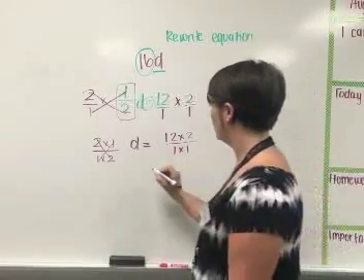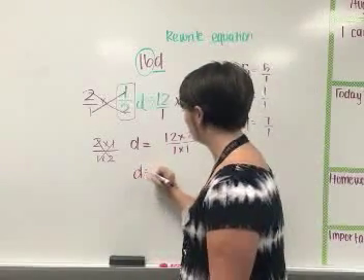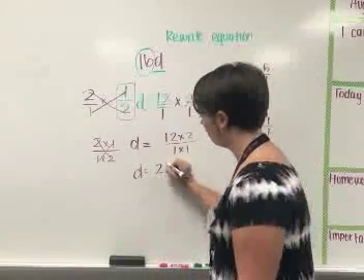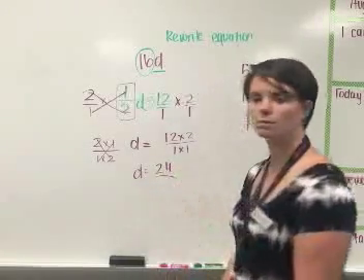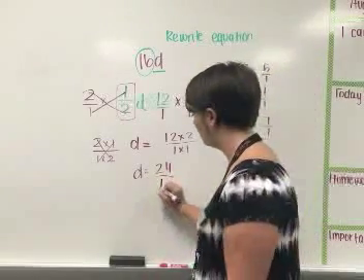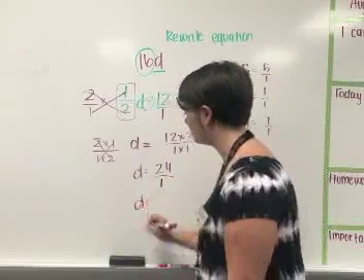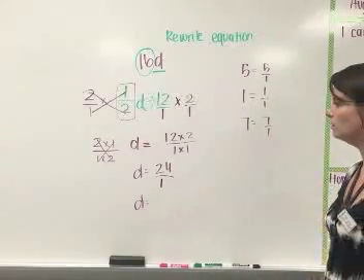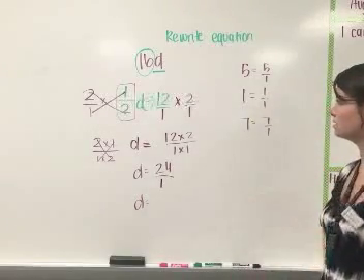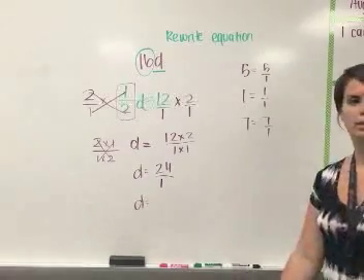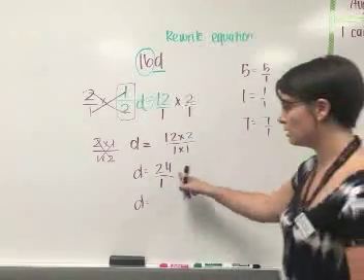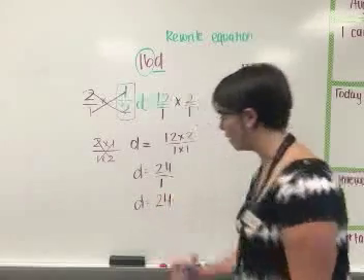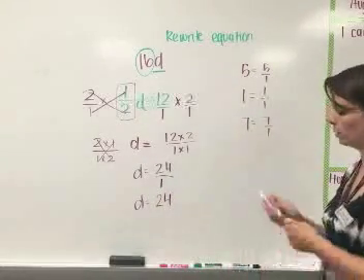Now, that means that D equals 12 times 2 is what? 24. 1 times 1 is what? 1. So we can simplify this. It's 24. So D equals 24.